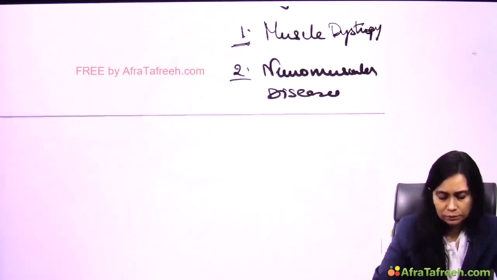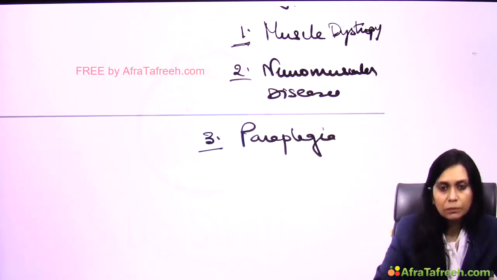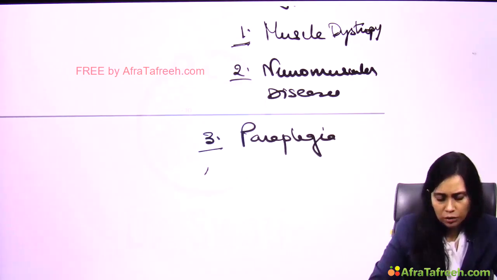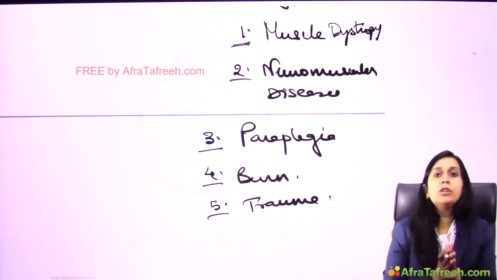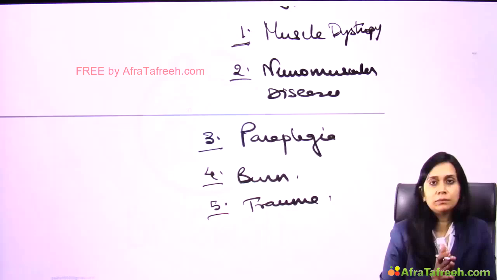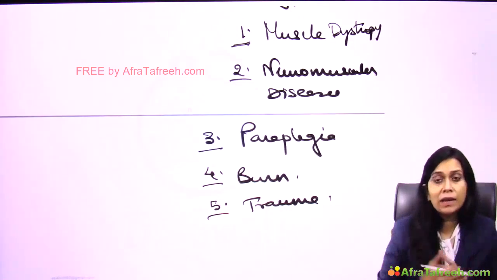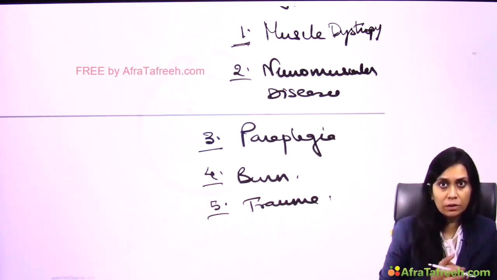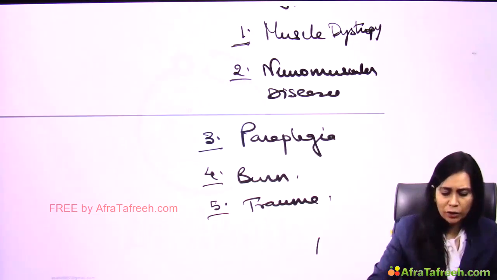Then, third, paraplegia. Fourth, burn patients, and fifth, trauma patients. Right? In burn and trauma, acutely there is already hyperkalemia, and chronically there is a proliferation of extrajunctional receptors. So anyway, we don't use succinylcholine. So these are the conditions where we avoid using succinylcholine.